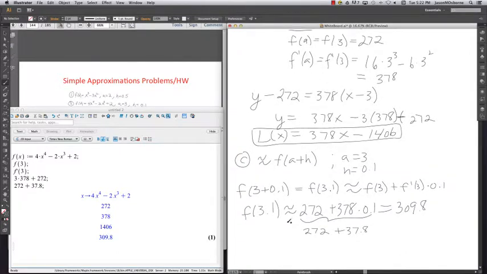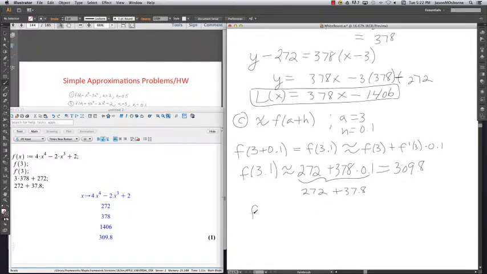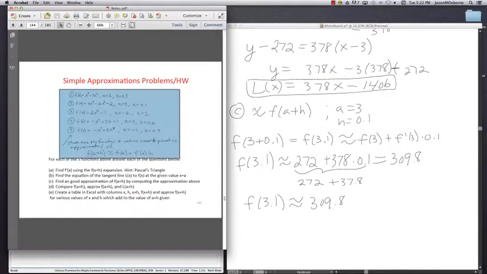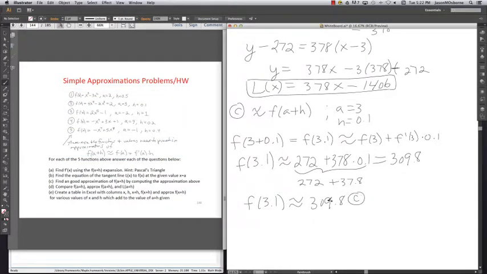So the approximate value of f of 3.1 is approximately 309.8. That is the answer to part C.